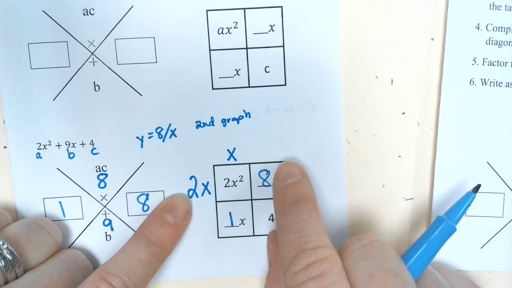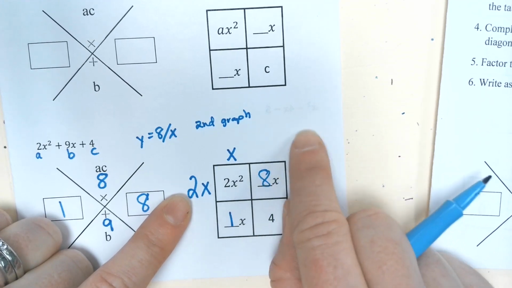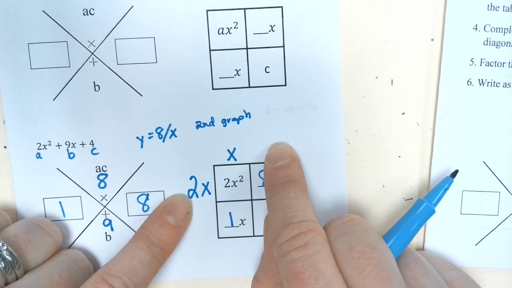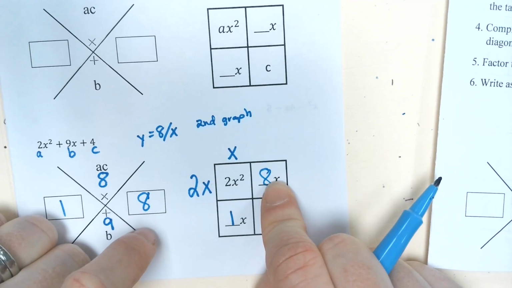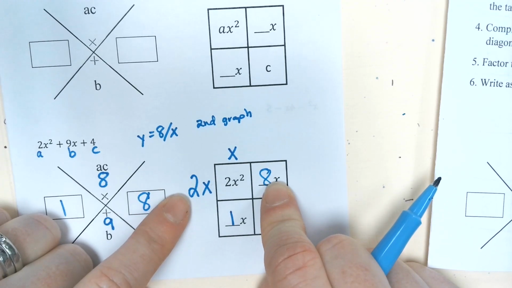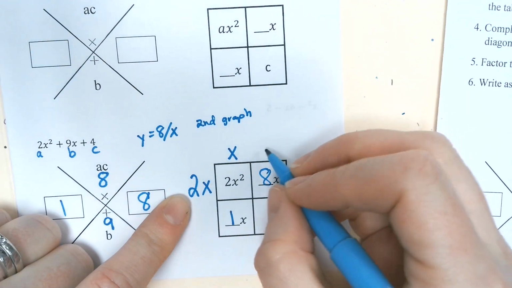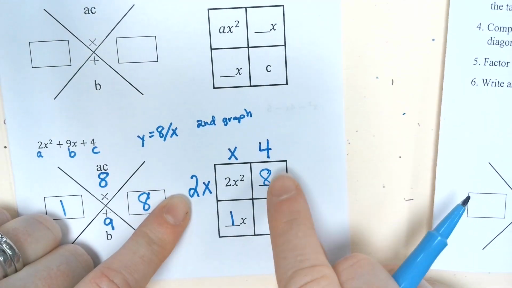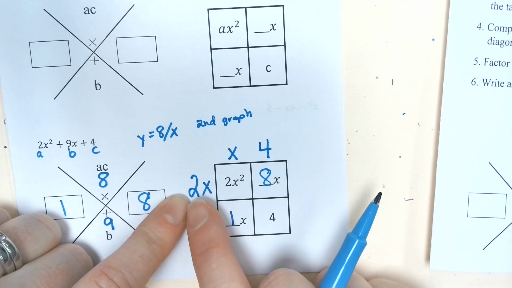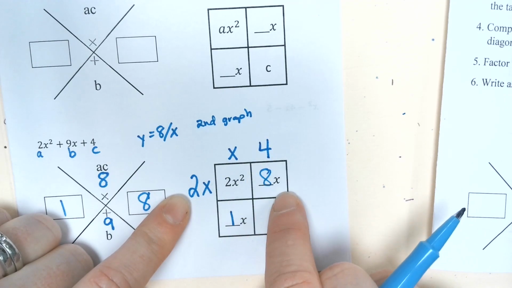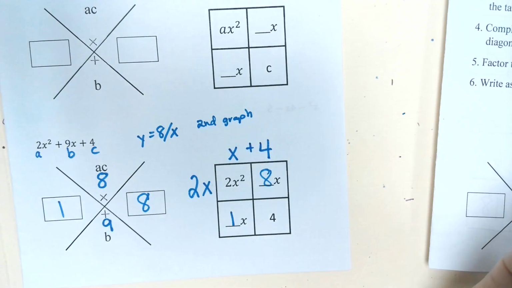Okay, the next thing you would look at is what is this number going to be to get 8x? What do I multiply 2 by to get 8? 4. And I don't need an x because the x is coming from here. 2x times 4 is 8x. So I put plus 4 because everything's positive right now.